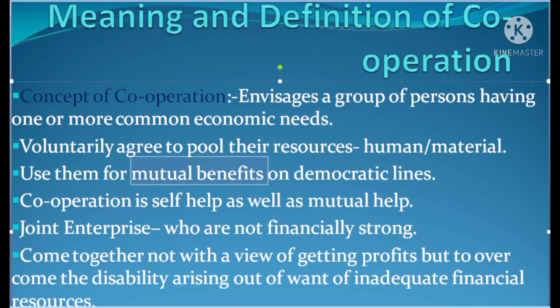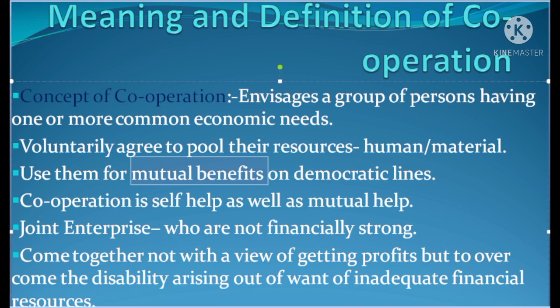Cooperation is self-help as well as mutual help. As we have understood, this is how it is self-help and how it is mutual help. It is a joint enterprise. It is not an enterprise of an individual. It is an enterprise of a group of people who are not financially strong. Why do they come together?